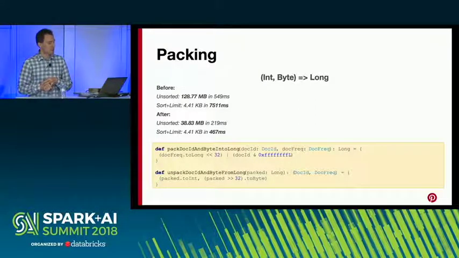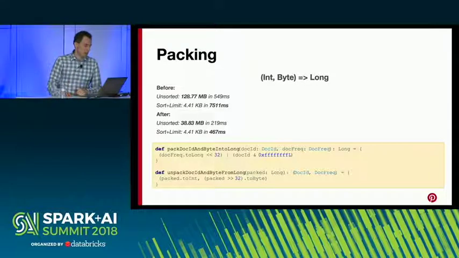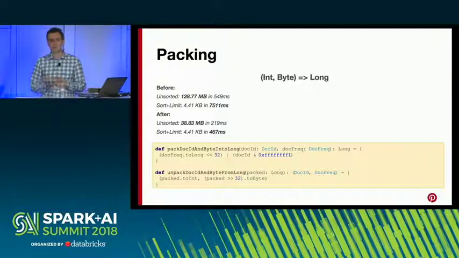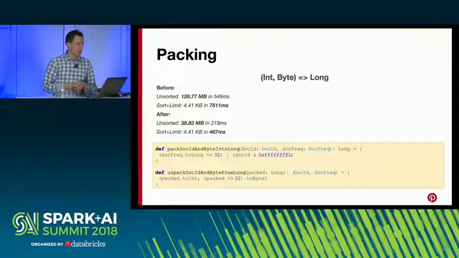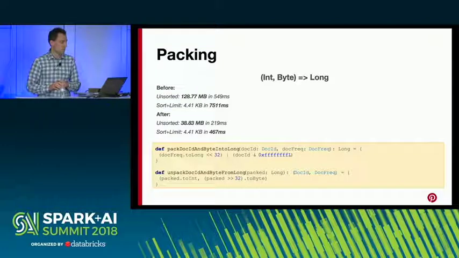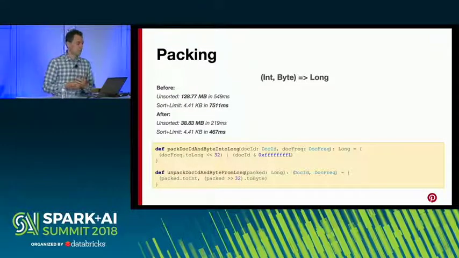And it turns out if you pack them into a long, especially if you want to sort this, you are going to have a very significant improvement in runtime. So in this case, I do want to sort it by byte because the byte is the Jaccard overlap of the LSH terms. And so I'm packing it first. And you could see there's almost 20x improvement in the runtime of sorting and significant improvement in storage as well.